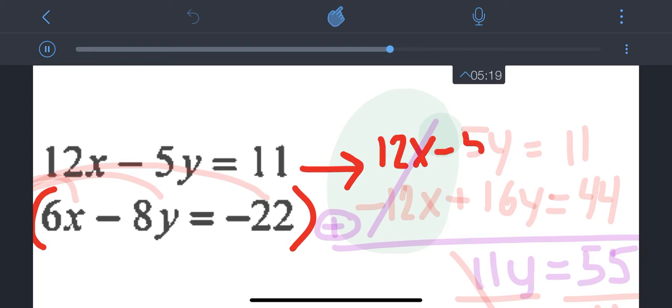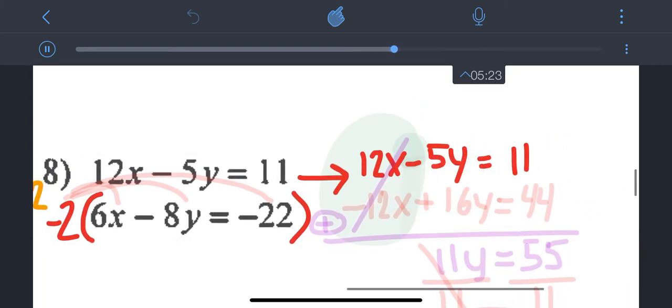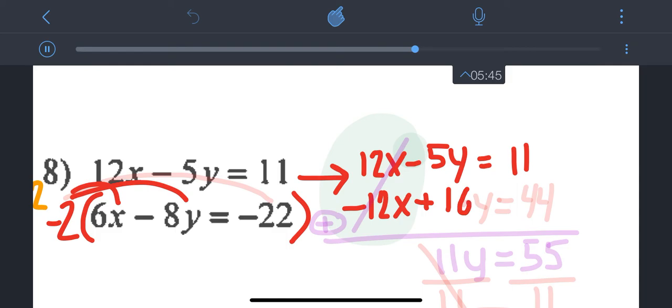So we have 12x minus 5y equals 11. Now we're going to do -2 times 6x. So that's going to get us -12x, which is exactly what we wanted, because now the x's are going to cancel. Okay, so then we do -2 times -8y. So -2 times -8 is positive 16y.